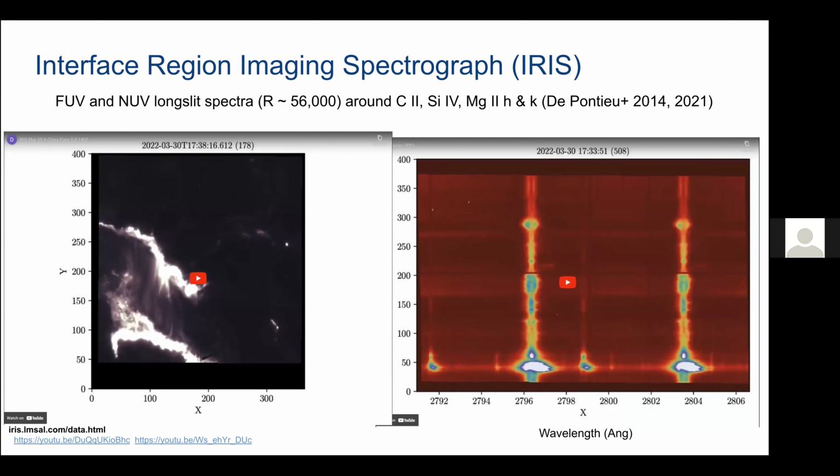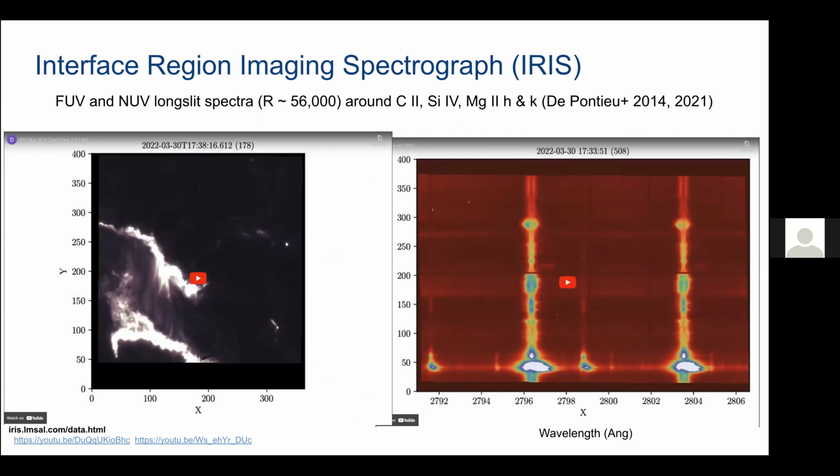So we know approximately where to place a spectrograph slit because we have live magnetic field images coming down to us. And so we know where the conditions are right for a flare to occur. So we can place our spectrograph slit where we think these ribbons will form.